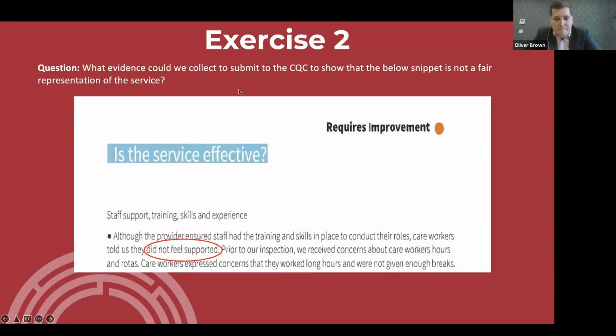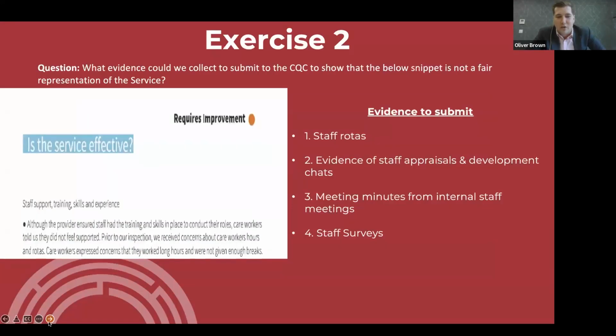Staff surveys, yeah. Rotas and timesheets have the actual evidence of the hours worked. Yeah, that's another good point. Yeah, so I've got a lot of good answers. If we could just go to the next slide, and I'll show what we had selected as well, but there's some really good answers coming in here.